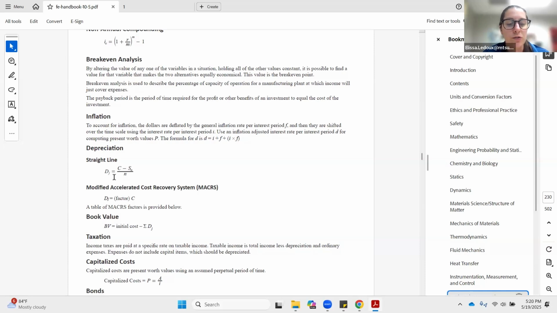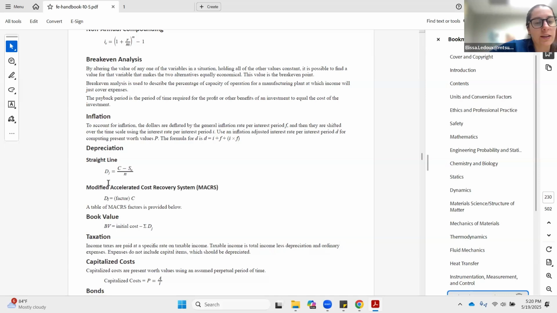So here you would have the straight line depreciation. The slope is basically, N is the number of periods, if it's 12 months or 10 years or whatever it is. C is the cost, and then S is, I think, the salvage value. So what is it worth after that time period?